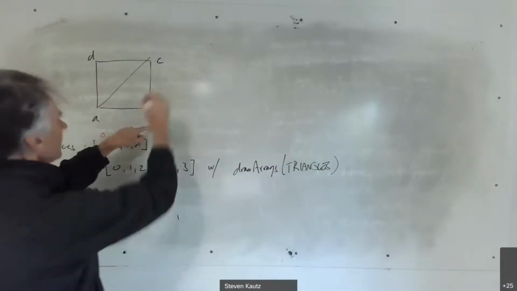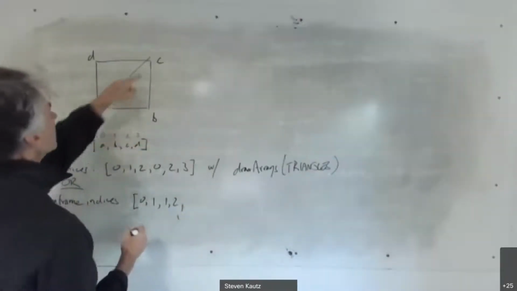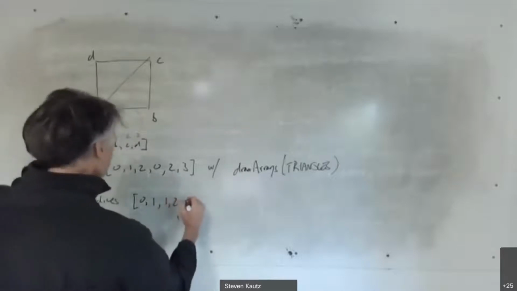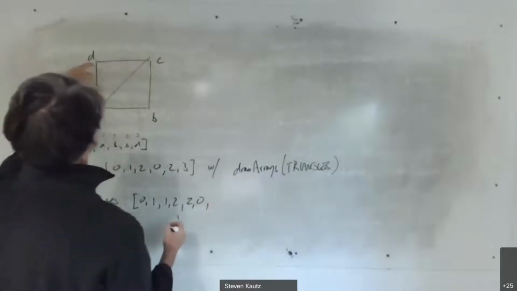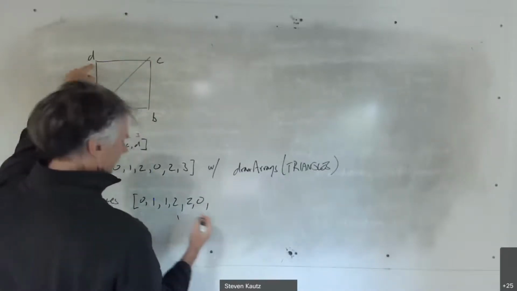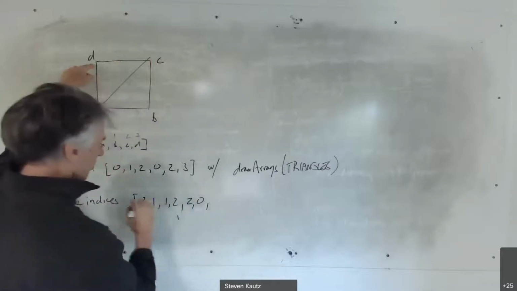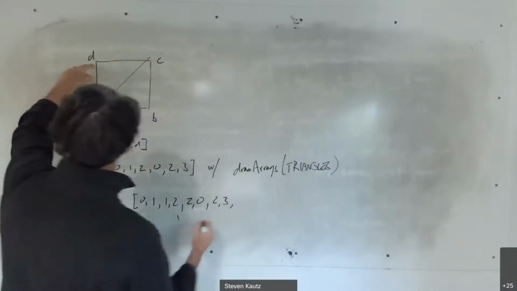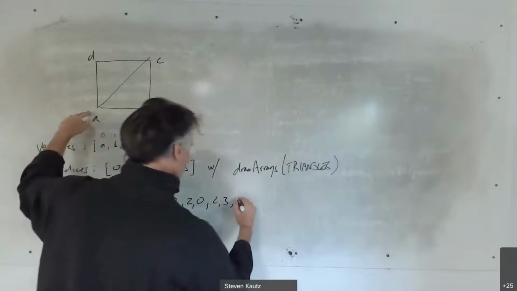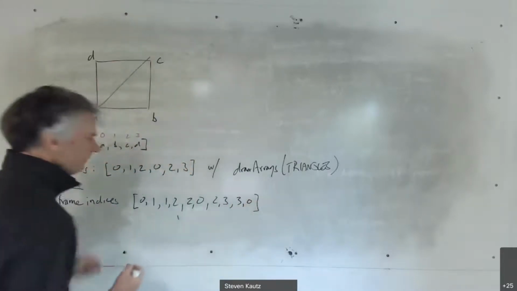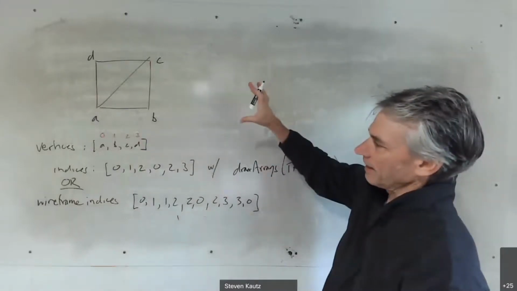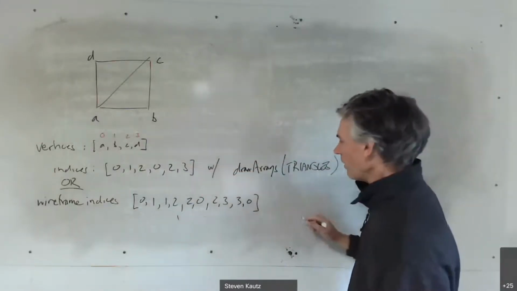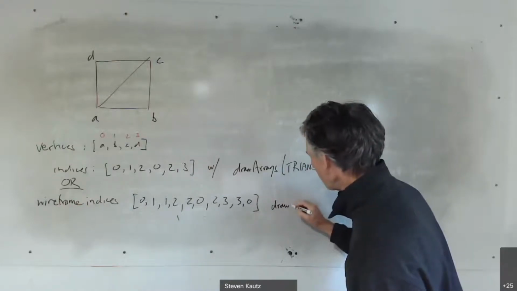Then you would take B to C, which would be 1, 2. Then you would take C to A, which would be 2, 0. And then you might take C to D, which would be 2, 3, and D to A, which would be 3, 0. So that would be a set of indices to take the same vertex data and render a wireframe, and you would use draw arrays lines.